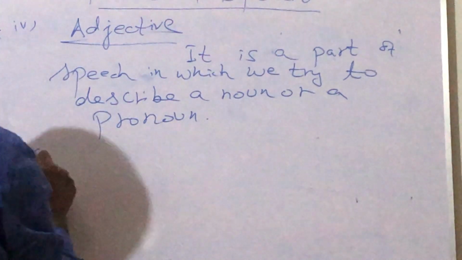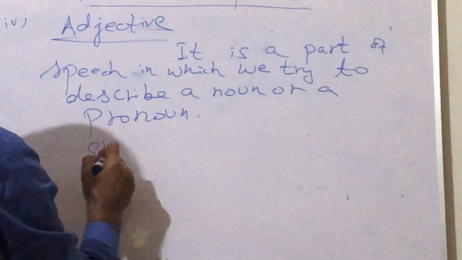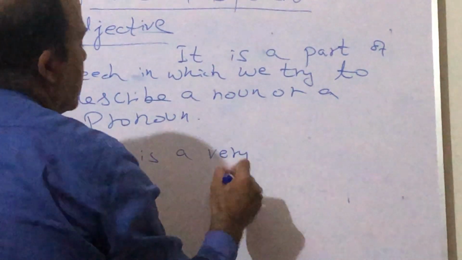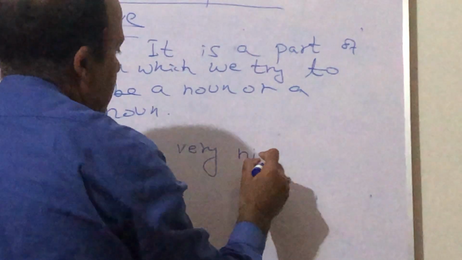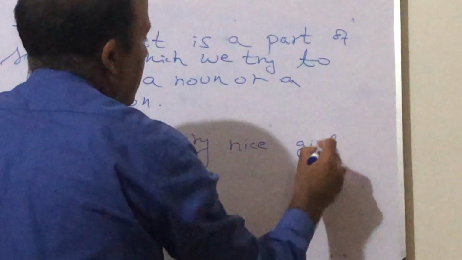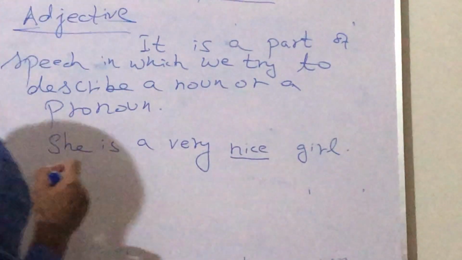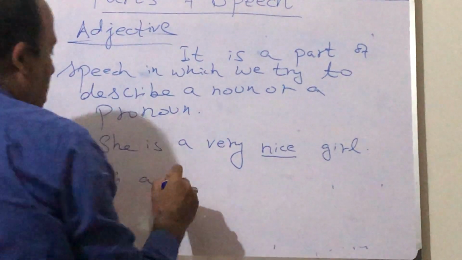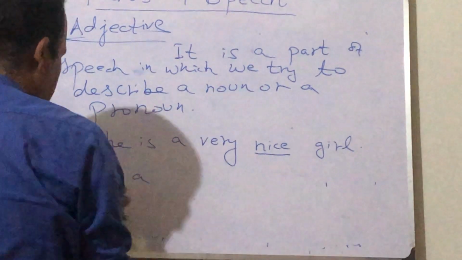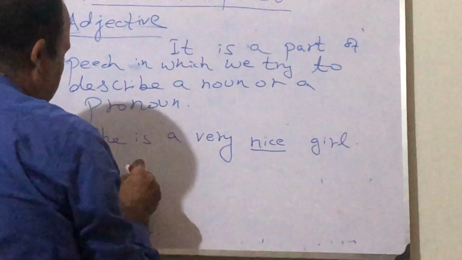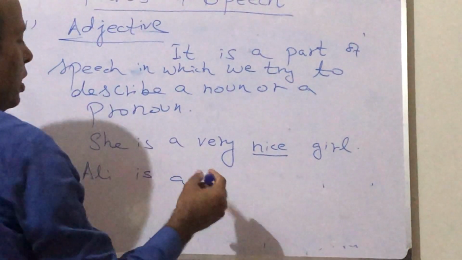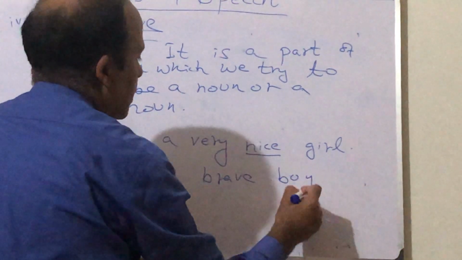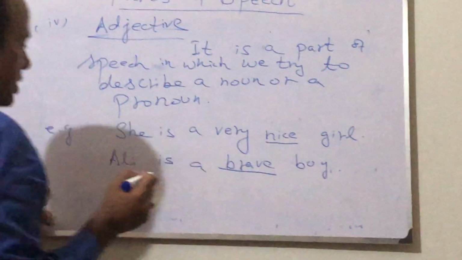Alright, examples are: she is a very nice girl. So nice happens to be an adjective. Ali is a brave boy. So brave happens to be an adjective.